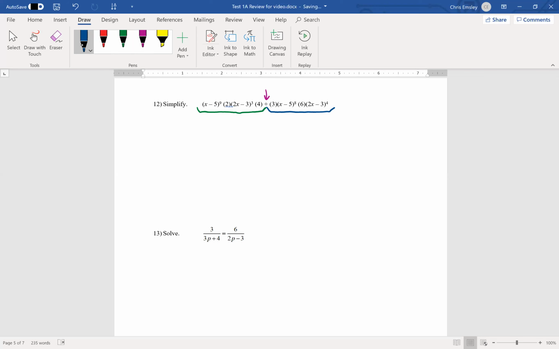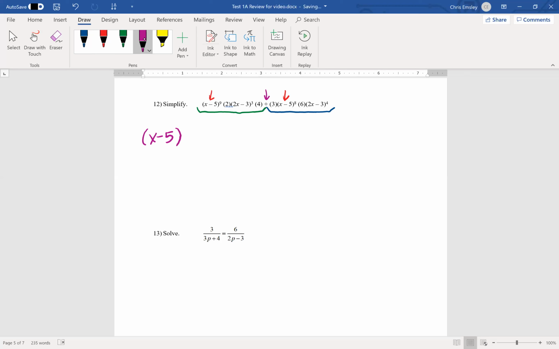Just like a basic GCF problem, we are looking, what do those two terms have in common? Well, right away I can see they both have an x minus 5. So that's going to be part of my GCF. I'm going to pull that out front. Well, how many of them? X minus 5 to what power? We have x minus 5 to the 9th, and we have x minus 5 to the 8th.